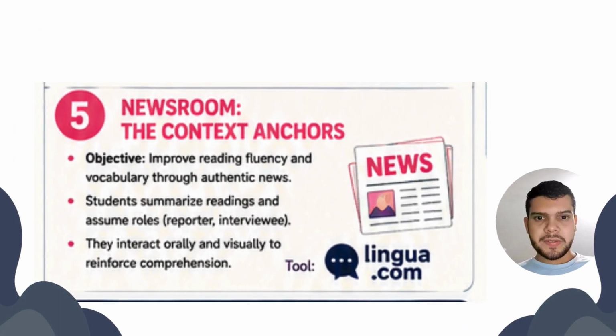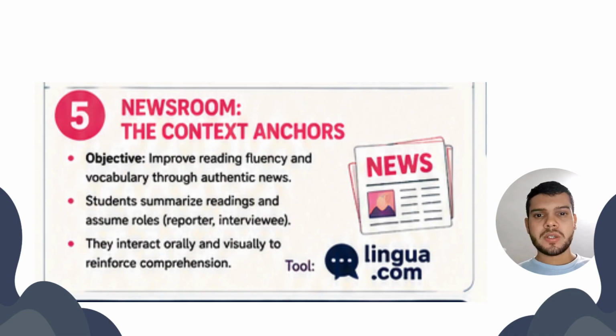The fifth activity aims to improve reading, fluency, and vocabulary acquisition in English through collaborative work with authentic news articles and texts. In this activity, students read articles, identify main ideas using strategies such as skimming and scanning, create summaries, and assume communicative roles such as reporters or interviewers to strengthen oral interactions.